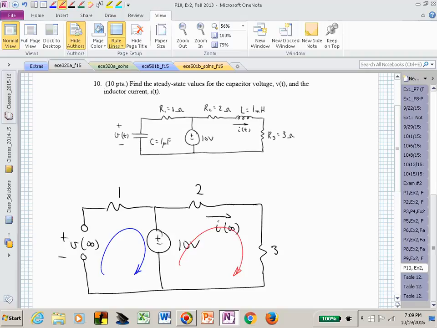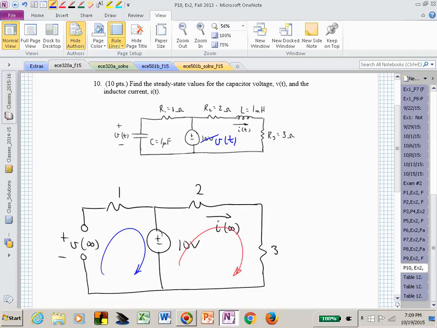Questions? Yes? So is there any way to use the final value theorem on this? You could, if you found, let's say that you just said, I'm going to solve this generically.